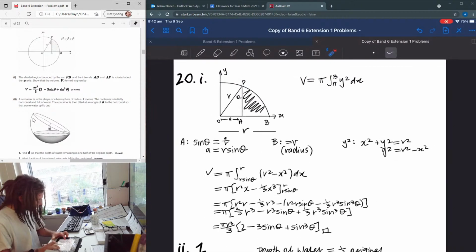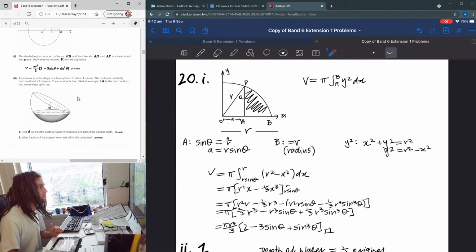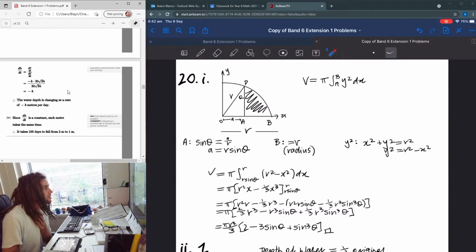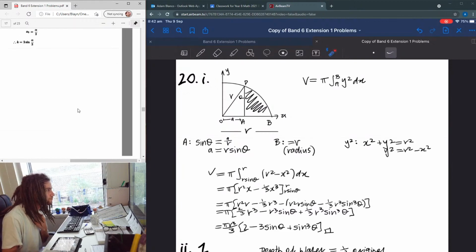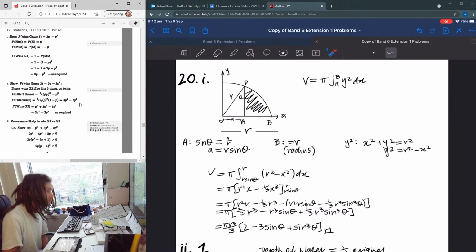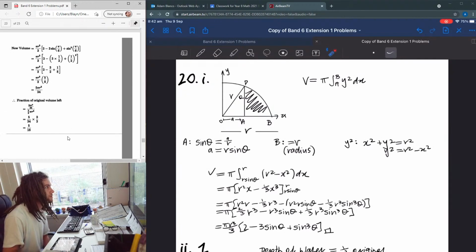Yeah, what do you reckon? I don't think the first part's that hard. I don't think that's the hardest part of the question, and it's worth 3 marks. Especially because it said, look, I'll show you. Where is it? We've only got 3 questions left. Here it is.